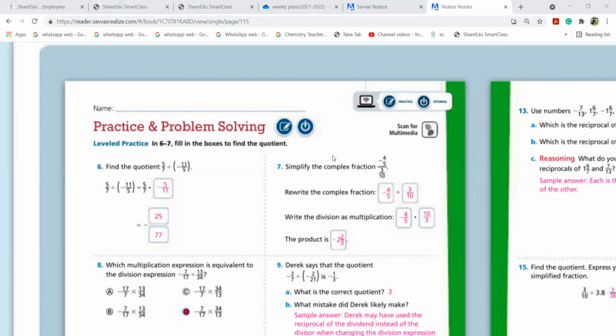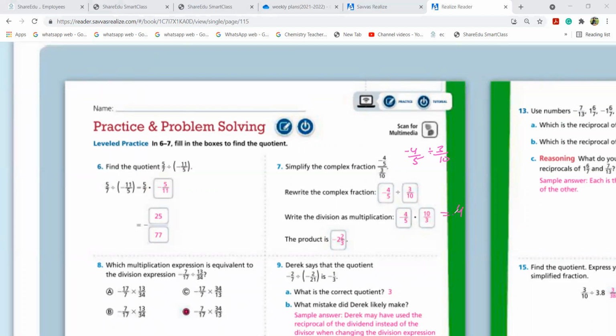You know very well how to do this one. You first write with the division sign -4 over 5 divided by 3 over 10. Then you do the normal thing, flip and multiply. Girls, when you multiply this, what do you get?